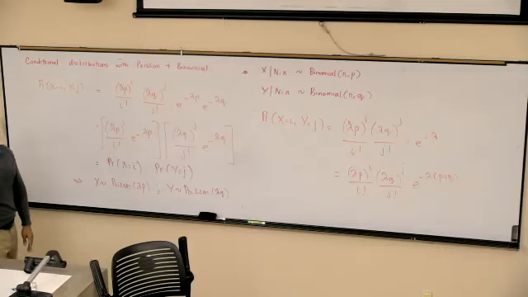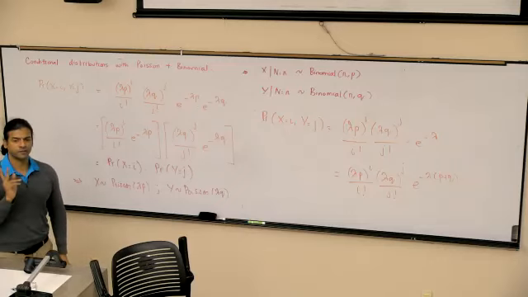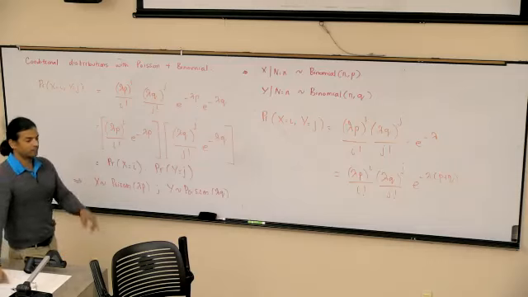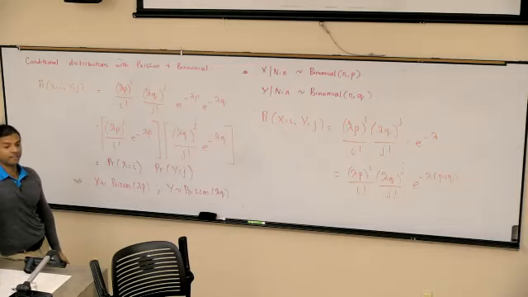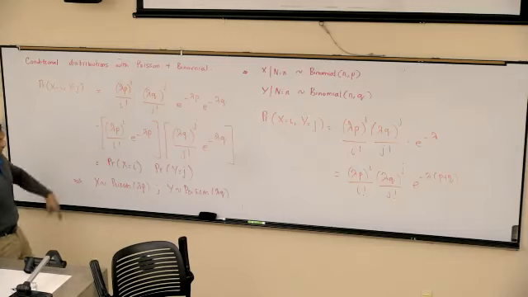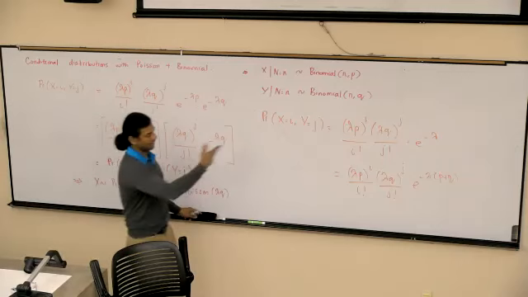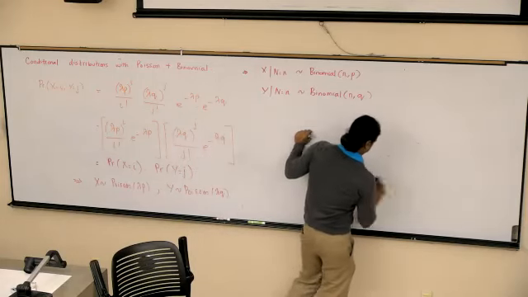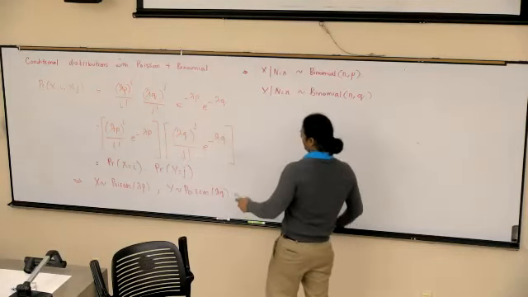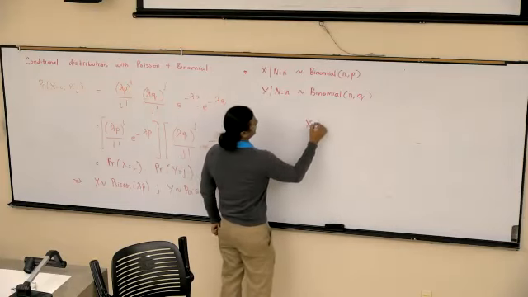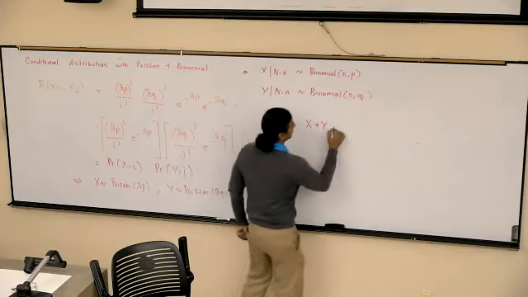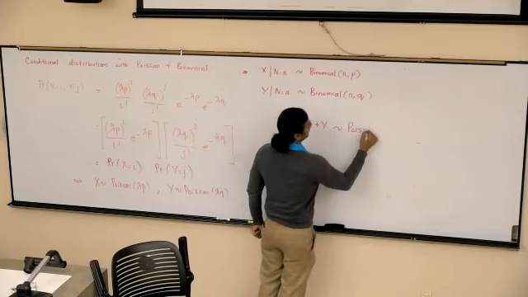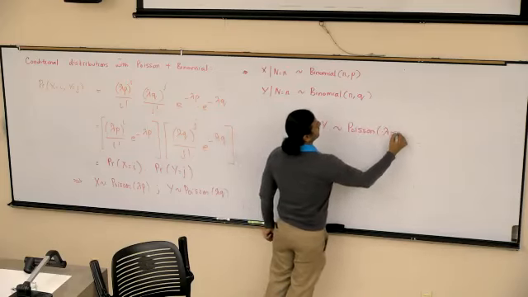Now, what do we know about the sum of Poisson random variables? If I sum two Poisson random variables, the result is Poisson, and what is its parameter? Suppose I had lambda 1 and lambda 2. Lambda 1 plus lambda 2, yes. Well, this would simply mean x plus y will be Poisson lambda p plus lambda q.